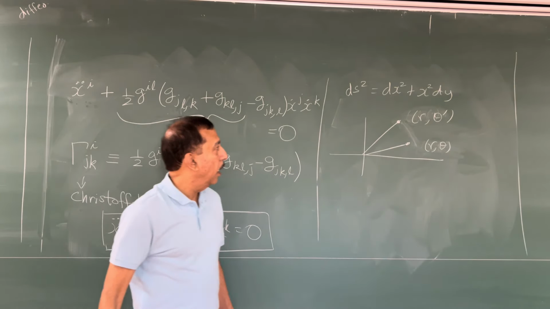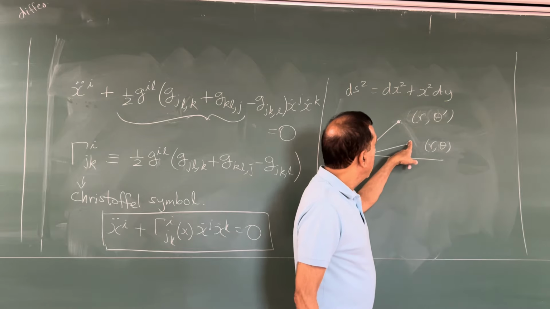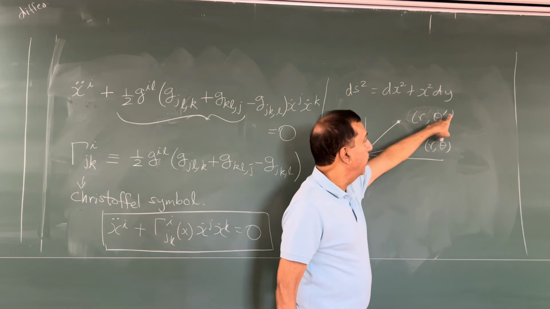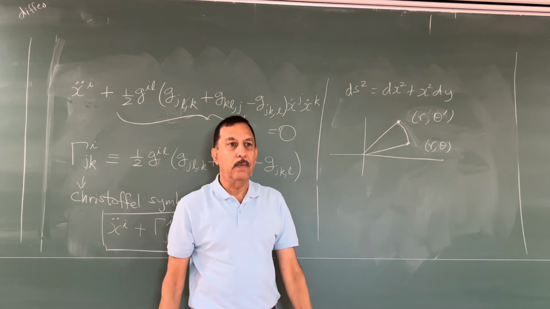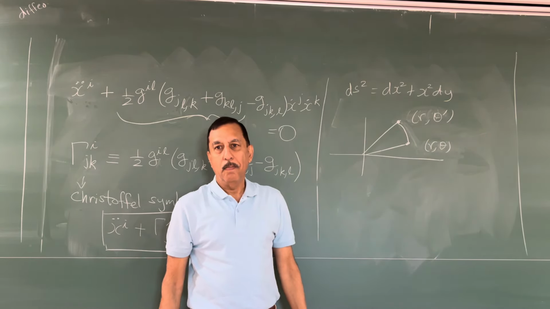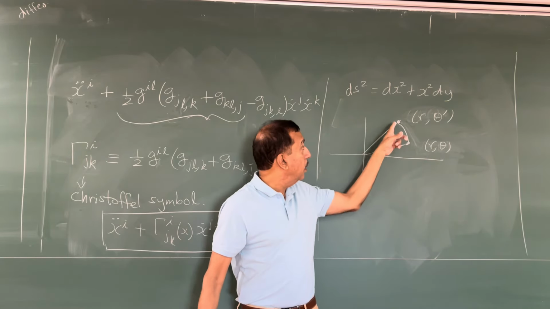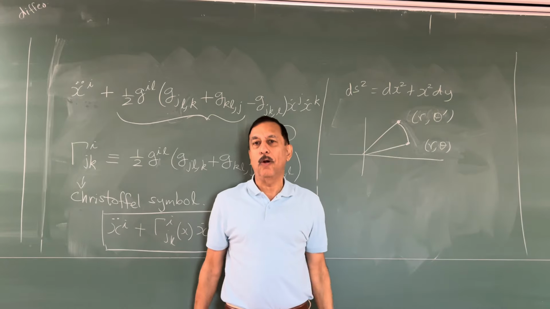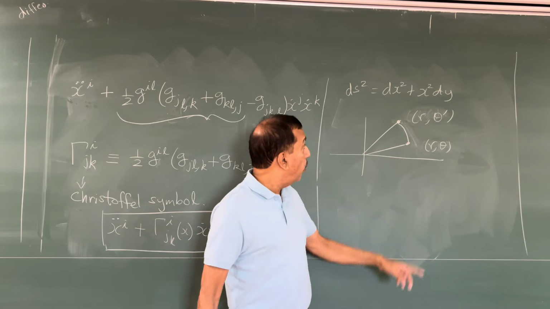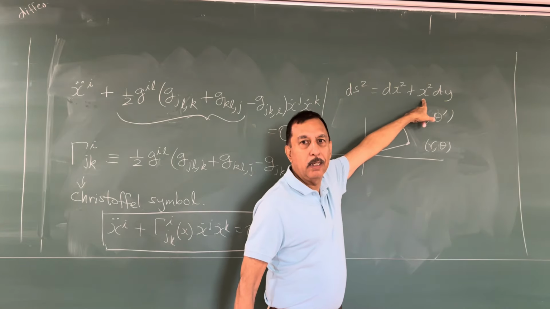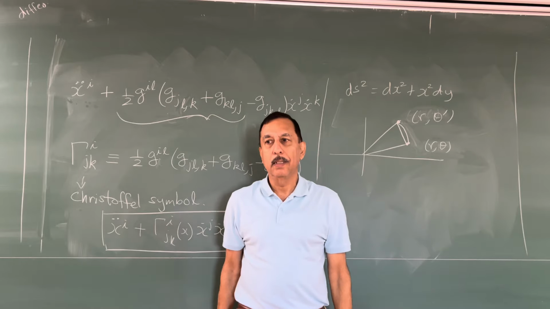Now if you weren't thinking, you might say, okay, the shortest line between these two points is the one where r remains fixed and theta varies from theta to theta prime. That's this line. Is it the shortest line between those two points? No. But if the metric in r and theta was dr squared plus d theta squared, then you would simply say that the shortest line is the line of constant r where theta varies. It's because of this extra feature in the metric that this isn't the shortest line and that's the shortest line.